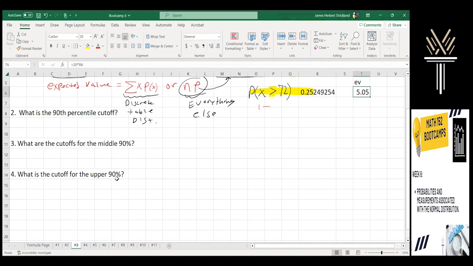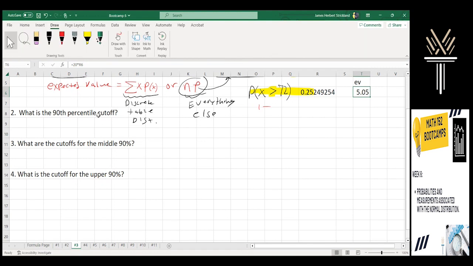That's right, Robert. So this means that we want a measurement. We want to find the cutoff. When you want a measurement, your brain should always think .inv. That will give us a measurement. So now we know we're dealing with normal distribution stuff, so it's going to be norm.inv.